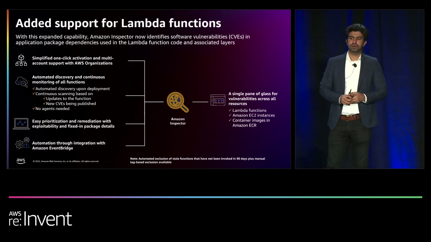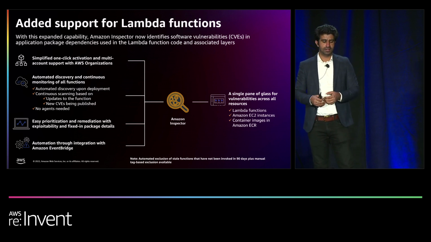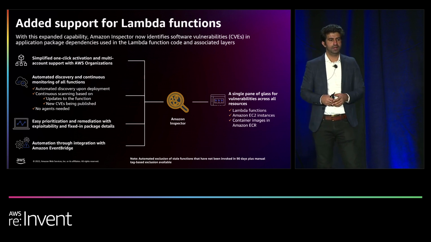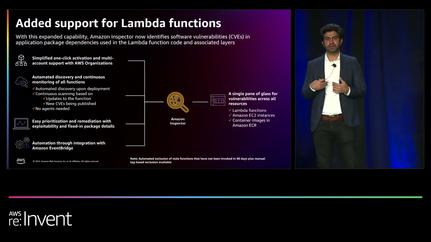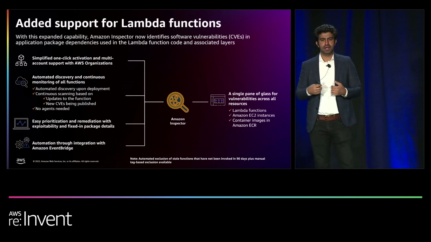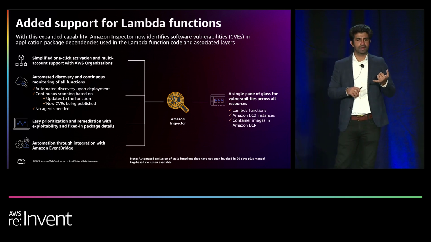Then the last thing is integration with EventBridge and also Security Hub. Some of the customers have already automated their ticketing system. Since Inspector does everything in real time, every time there's a new finding generated, we send an event to EventBridge.